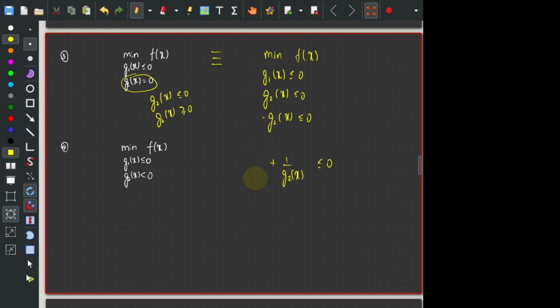This alone, g2 of x is 0 the whole function. That's not the formal way of doing things. I mean, even if it's strictly less than 0, this constraint, is it the same as this constraint?